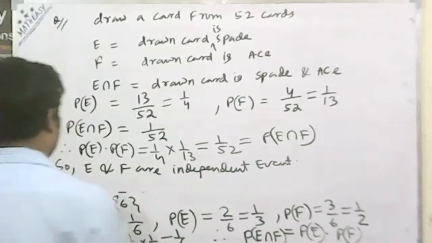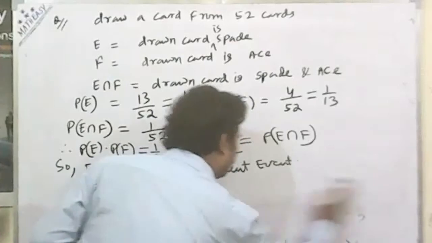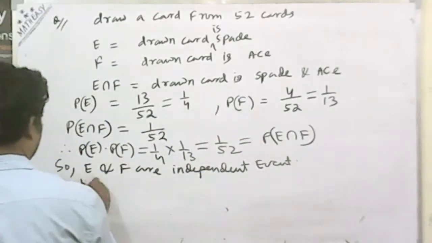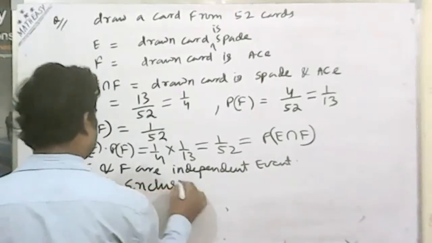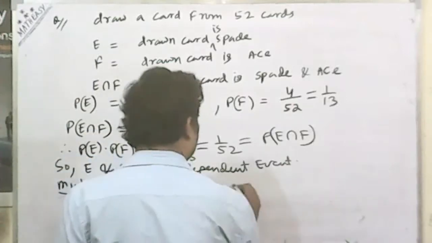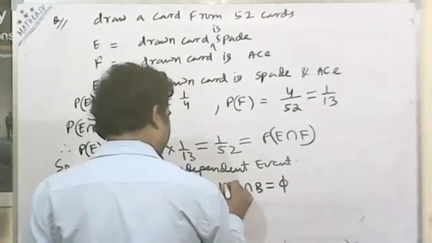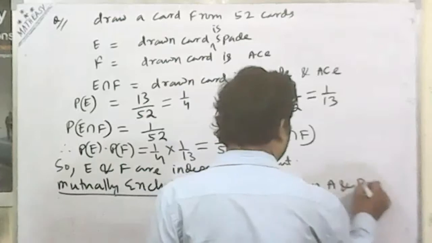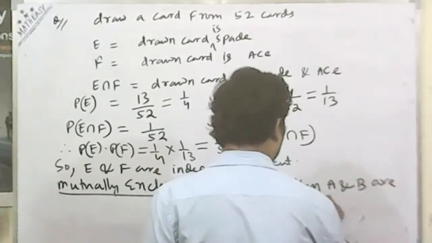Mutually exclusive. It means A intersection B, that is empty, then A and B are mutually exclusive.